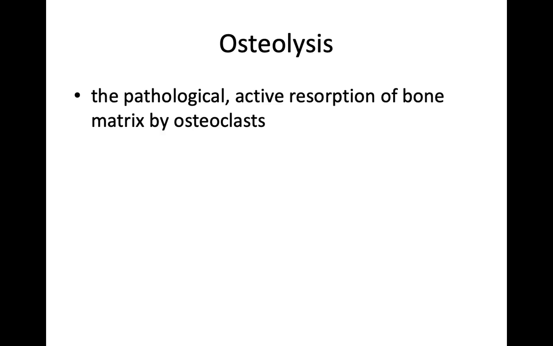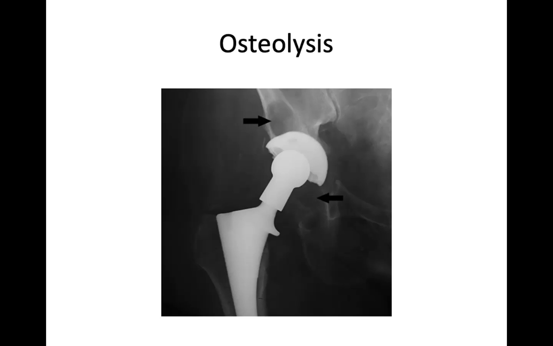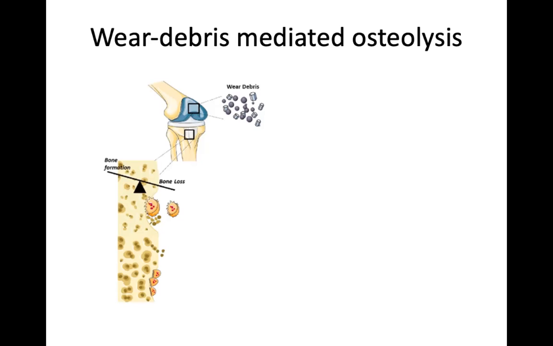So the problem with conventional polyethylene is osteolysis, or the pathological active resorption of bone matrix by osteoclasts. And just as an example, there's osteolysis around this acetabular component, both superiorly and inferiorly. So how does wear debris mediated osteolysis occur?